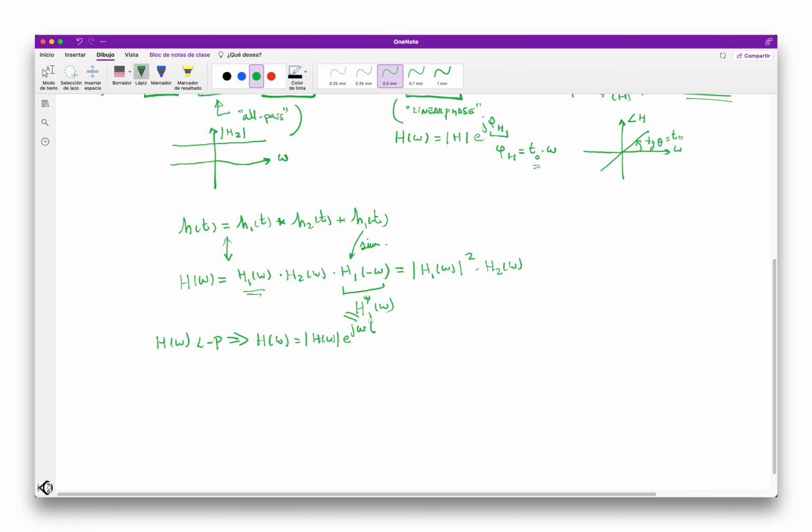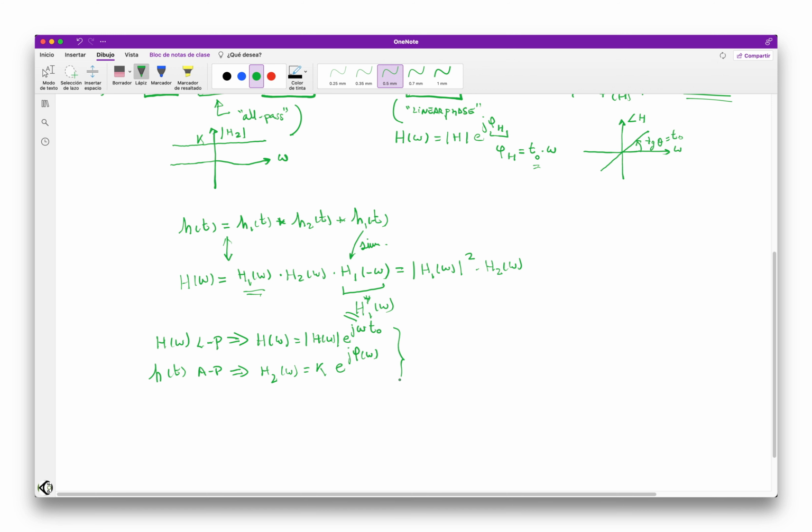So it will be e to the j omega t0, with t0 a constant. And the other condition is that h2 of t is an all-pass system, which means that its frequency response, H2 of omega, has a constant k in terms of the modulus. So it will be a constant times a phase that in this case we don't know what it is. Okay, these are the two conditions.